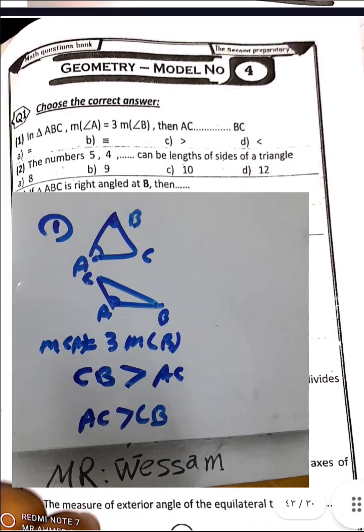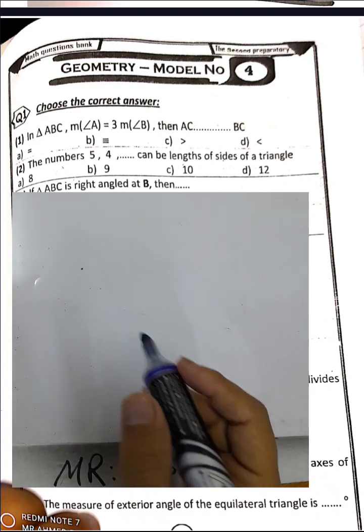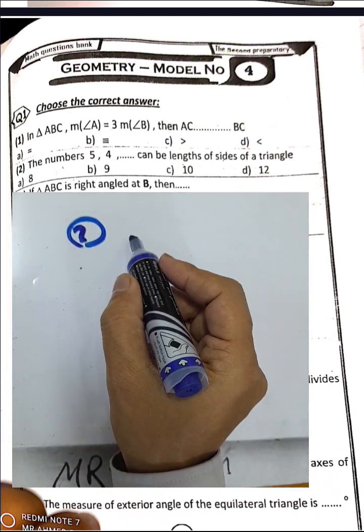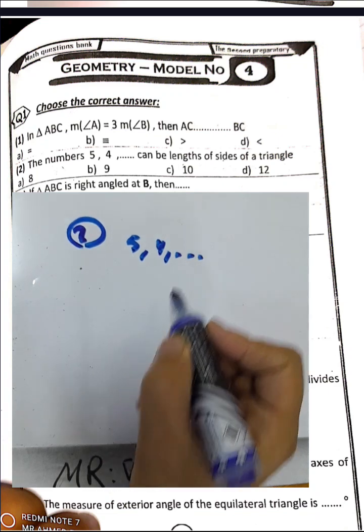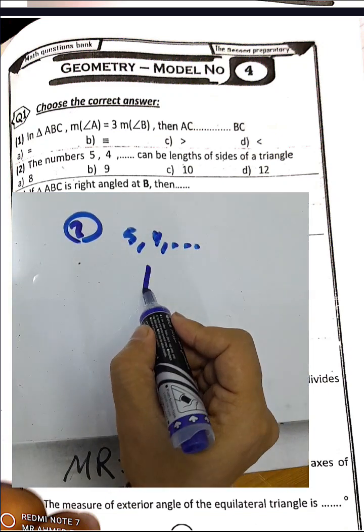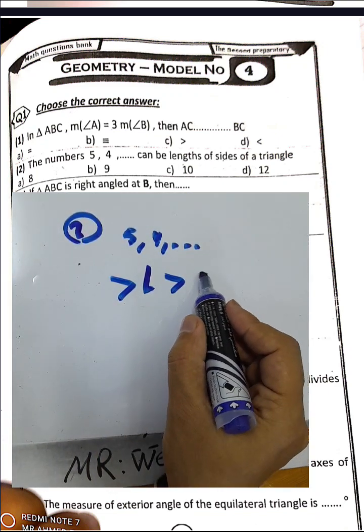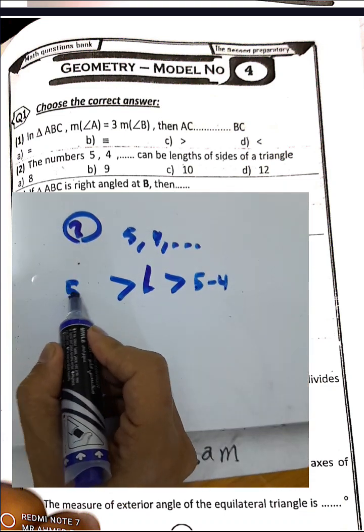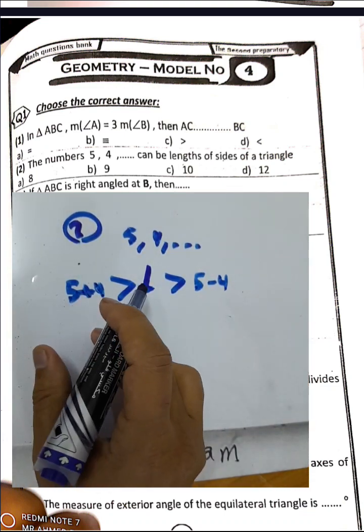Question number 2. The numbers 5, 4 and a space can be the lengths of the sides of a triangle. We have 5, 4 and a space. The third length will be greater than the difference between the two sides and less than the sum of the two numbers.